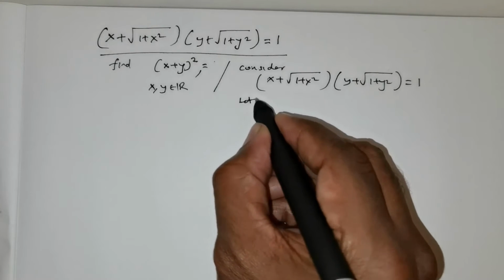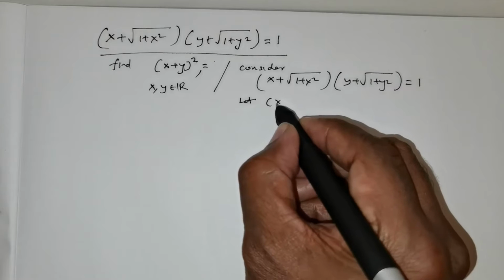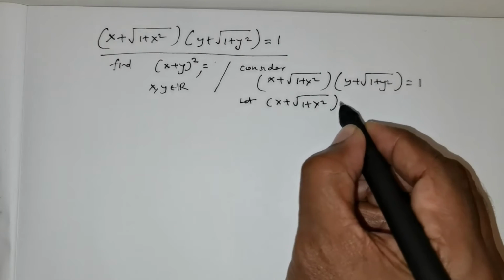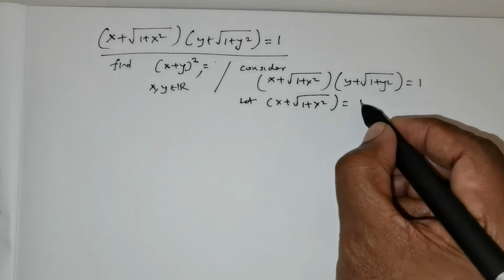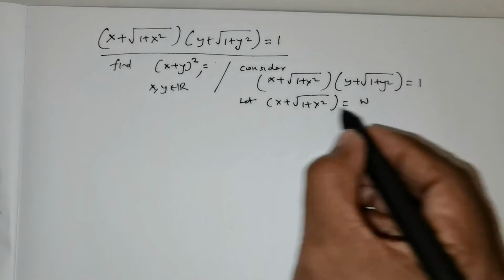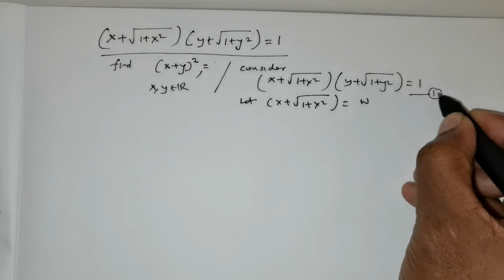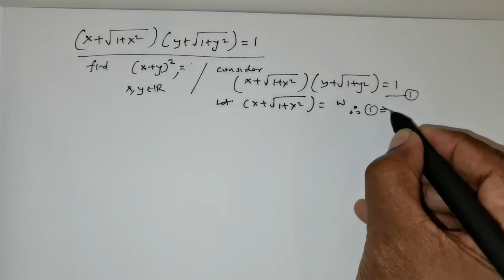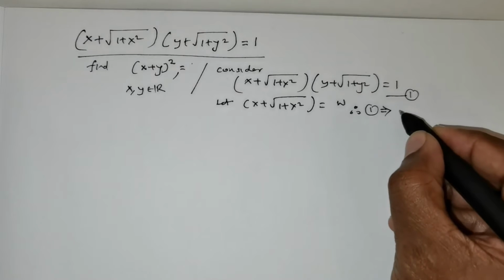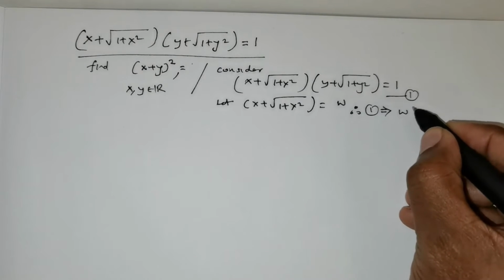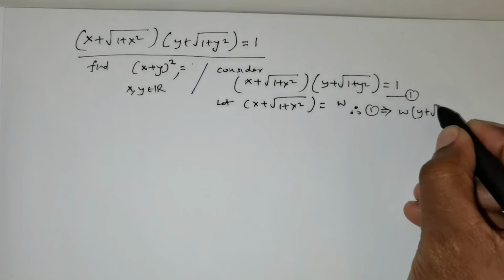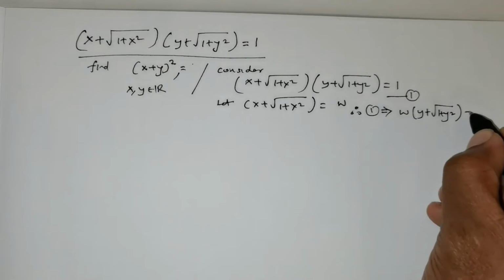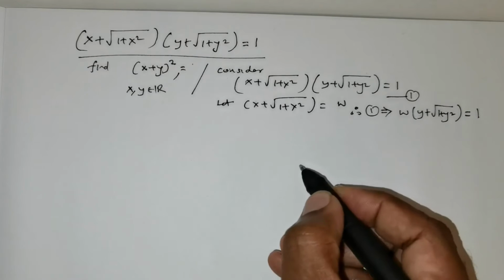Now let x + √(1 + x²) be equal to some w. If I name this as 1, then 1 can now be rewritten as w times (y + √(1 + y²)) equal to 1.